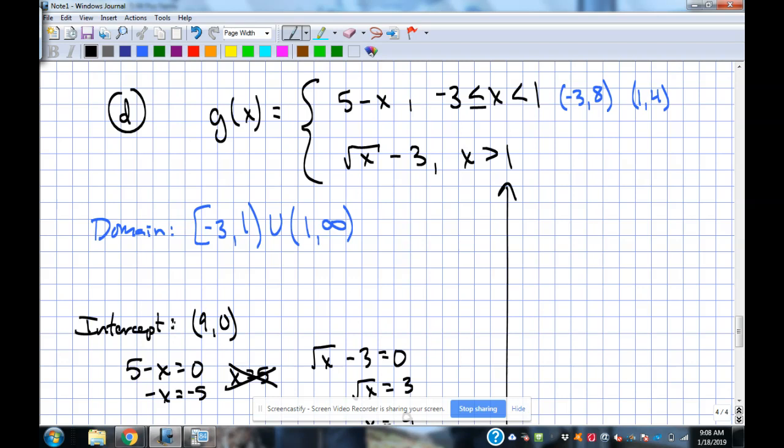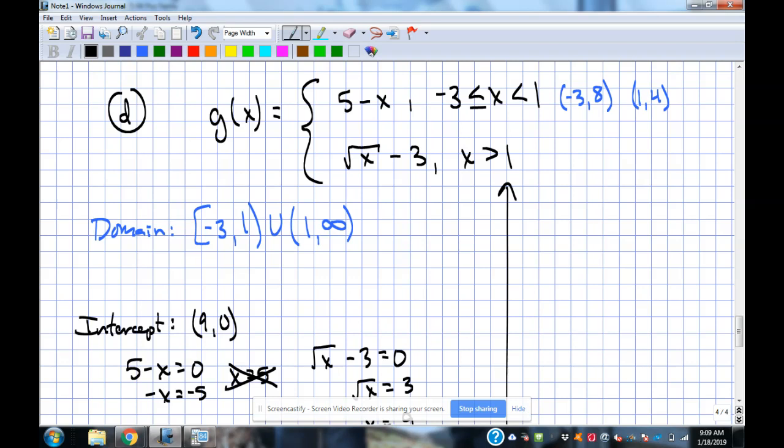That gets us x-intercepts. How do we get y-intercepts? Where do we do that? Which piece gets a 0 for x? Which one does 0 fit into the domain of? The top one, because the domain says it starts at negative 3, goes to 1.